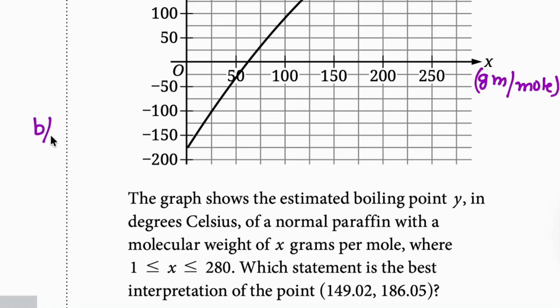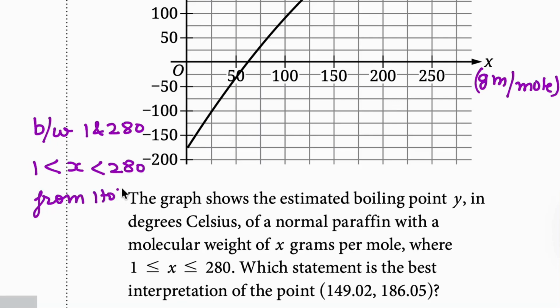When I say between 1 and 280, I mean x is between 1 and 280, and this equal to sign is not there. But when I say from 1 to 280, that means I am including 1 as well as 280. That is just the extra concept I want to cover here so that you can interpret the question correctly.